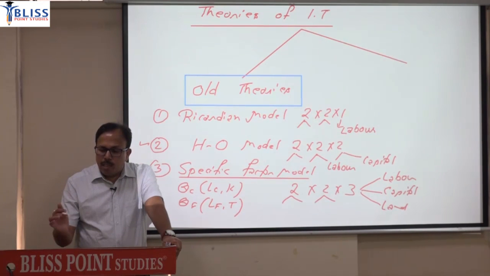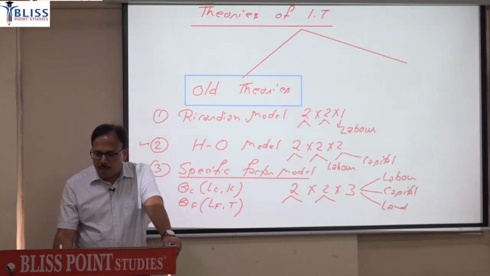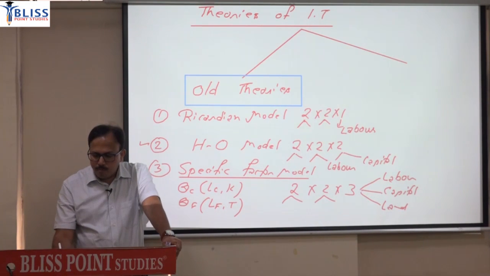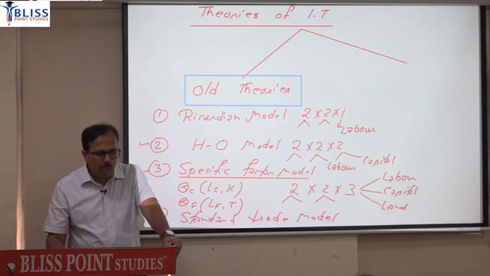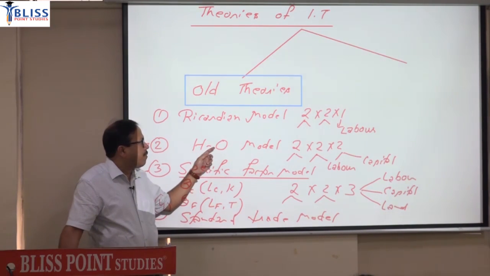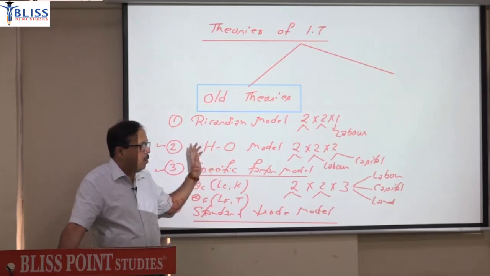So it will start with the Ricardian model, then we will move to the HO model, specific factor, and then fourth will be the standard trade model. The standard trade model is again using the assumptions of the HO model. It will be based upon HO model assumptions.